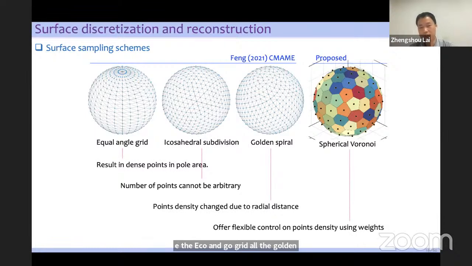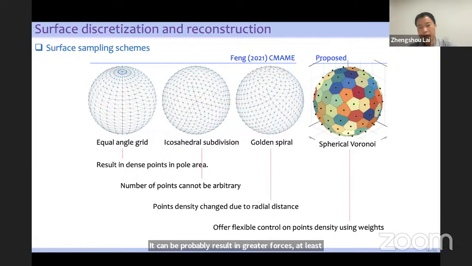For the equal angle grid, we have a lot of nodes at the pole area, so it may not be good for evaluating the contact force there. It will probably result in greater forces in this area.